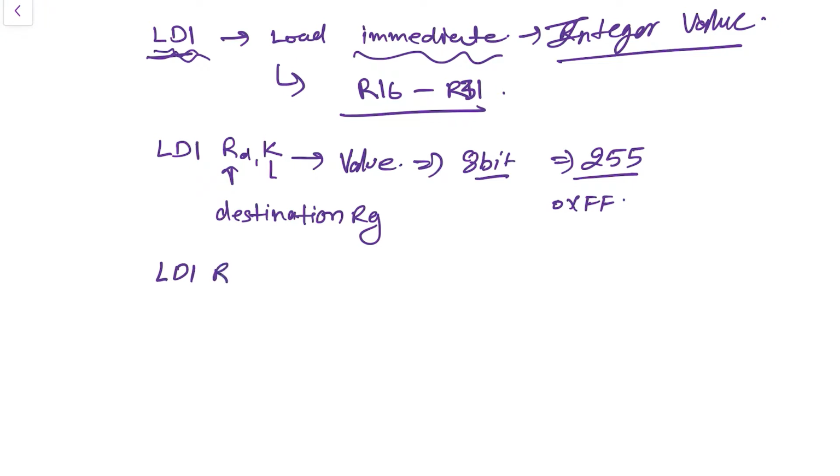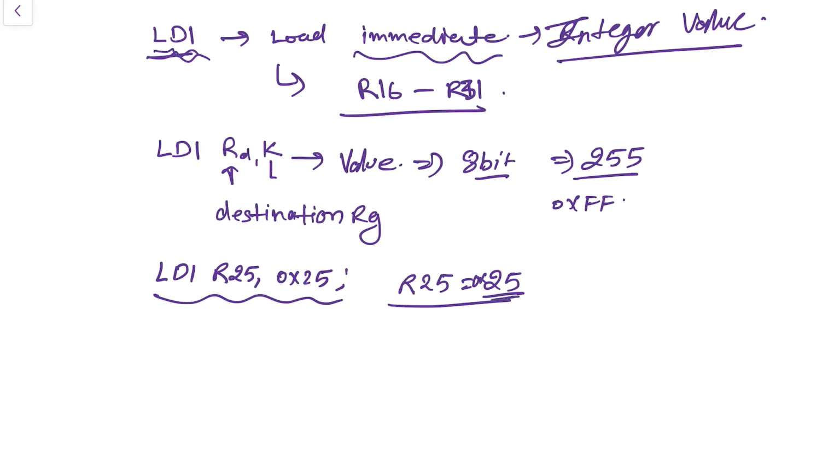If we write, let's say, LDI R25, 0x25, then after the execution of this instruction, R25 would be loaded with 0x25.